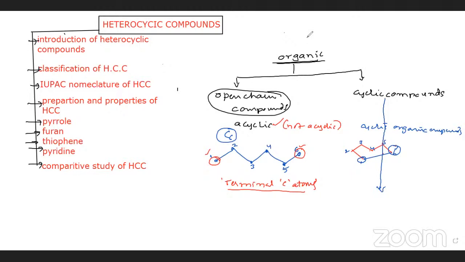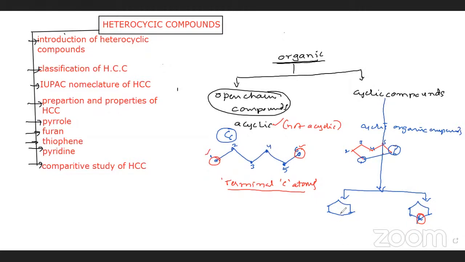This cyclic organic compound is further divided into two types, based on the nature of atoms present in the cyclic system. Suppose the six-membered system looks like this. This is a cyclic organic compound. The second category is also a cyclic organic compound. So in these two cases, what is the difference between these two compounds?